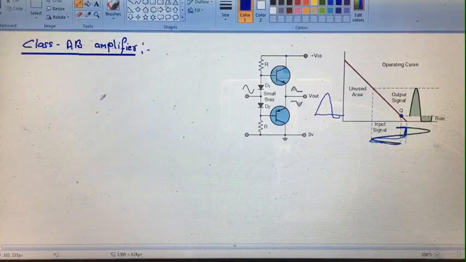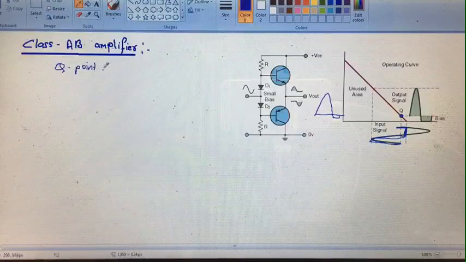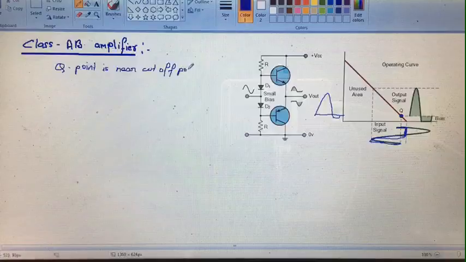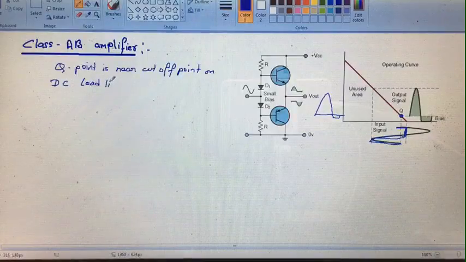Now in class AB amplifier, Q point is near cutoff point on DC load line, but not at the cutoff point.